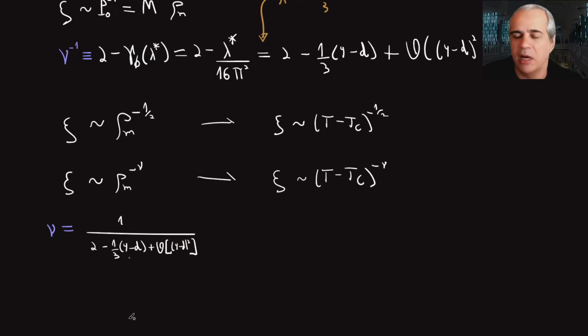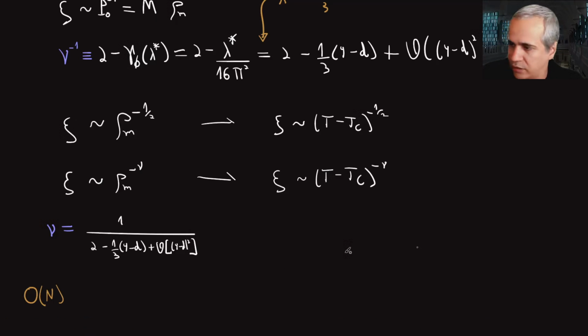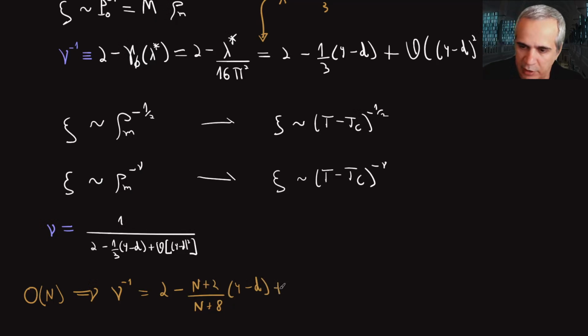We assumed our material had just one direction of magnetization, which gives it a very simple symmetry. But if you went to theories with more directions, symmetric in these various directions, you could impose an O(N) theory for N directions. Then the same calculation would lead to a nu to the minus 1 which was 2 minus (N plus 2) over (N plus 8) times 4 minus d, plus higher orders.